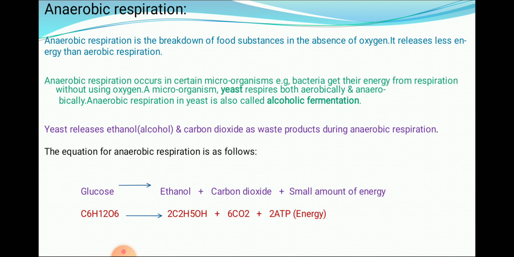And here you can see, as compared to aerobic respiration, where 38 molecules of ATP are released, in this process only 2 molecules of ATP or 2 molecules of energy are released.